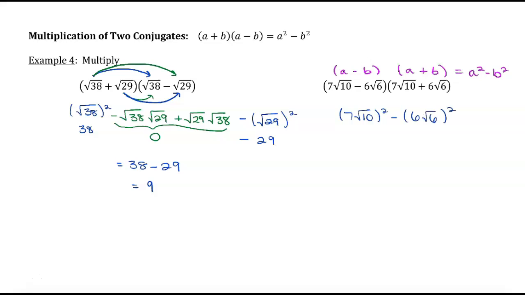To simplify 7 root 10 squared, consider that 7 squared is 49, and the square root of 10 squared is simply 10. To simplify 6 root 6 squared, we have that 6 squared is 36, and the square root of 6 squared is simply 6. So we have 490 minus 216, or 274.